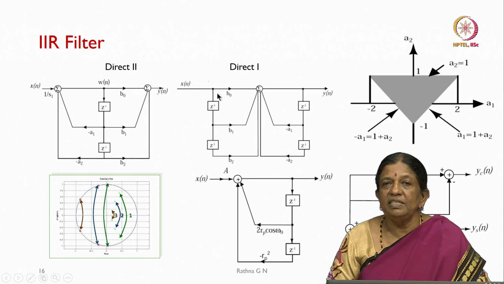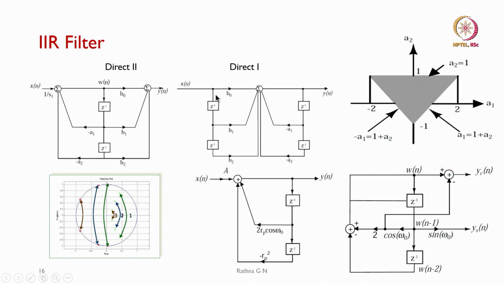So, we said in IIR filter, from the FIR filter we went on to design our IIR filter. So, we said direct 1 form and direct 2 form, what are the advantages and disadvantages basically. Our storage is minimized in this, whereas here it is twice in this case, and the problem with respect to these two is if there are positive and negative values.